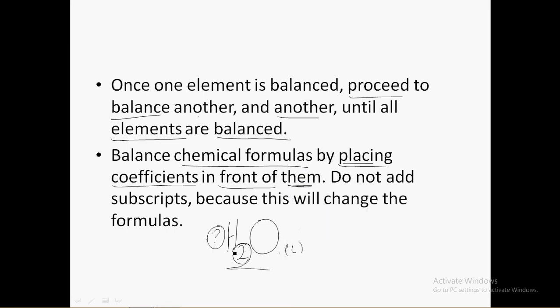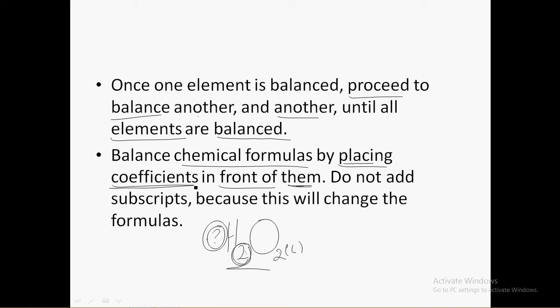If you write in the subscript, you will change the nature of the molecule or the nature of a compound. If I write 2 here, it will be hydrogen peroxide. It's not water. So I have changed the nature of the compound. Be careful. We only write here the number that we want in order to balance our chemical equation.